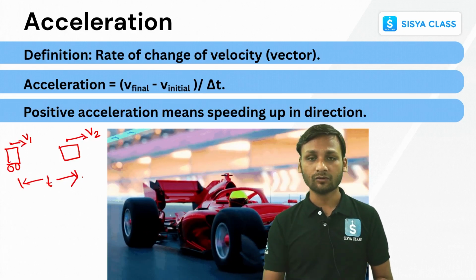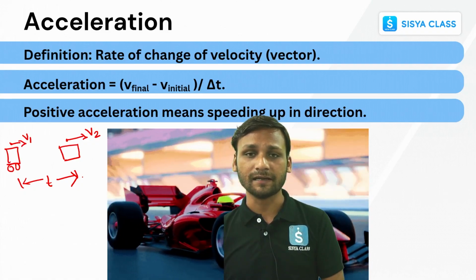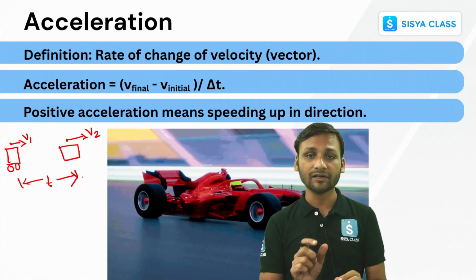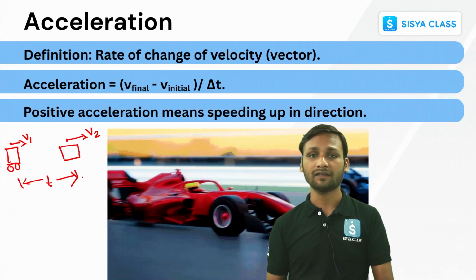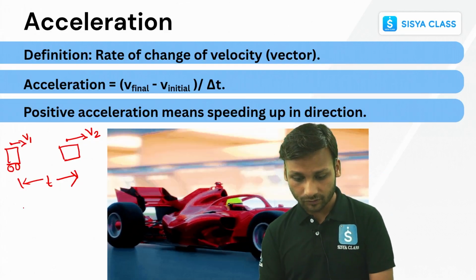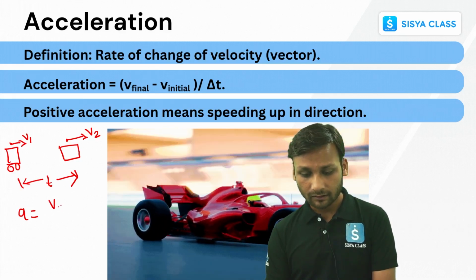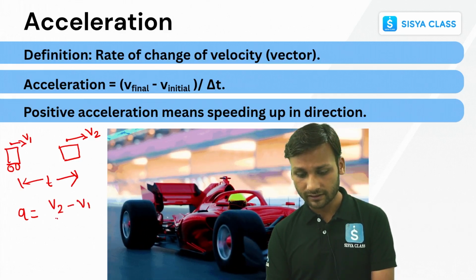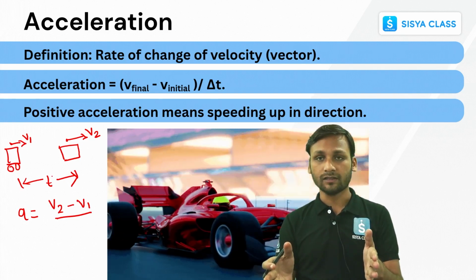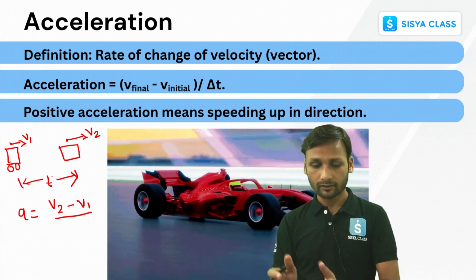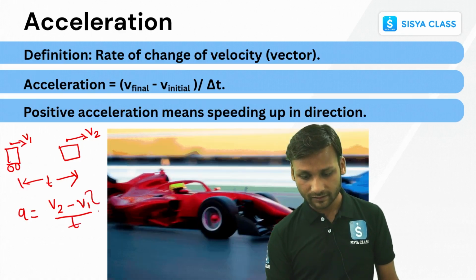Whenever a physical quantity is associated with a rate of change, you just divide by time. Here, acceleration is the change of velocity with respect to time. Denoting acceleration with a, it is the final velocity v2 minus the initial velocity v1, divided by the time taken t. That is our simple acceleration.